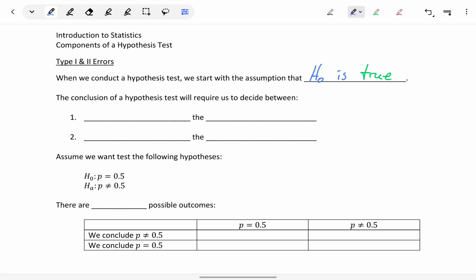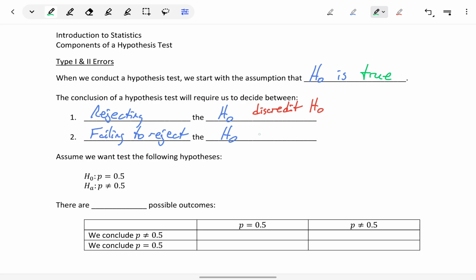The conclusion of a hypothesis test will require us to decide between rejecting the null hypothesis, which means we have enough data, enough evidence to discredit the assumption made by the null hypothesis, or failing to reject the null hypothesis.